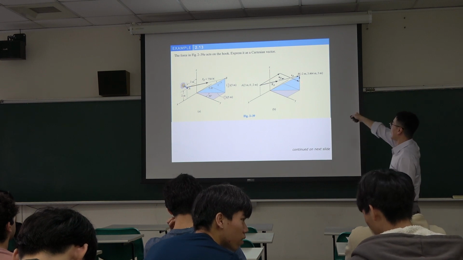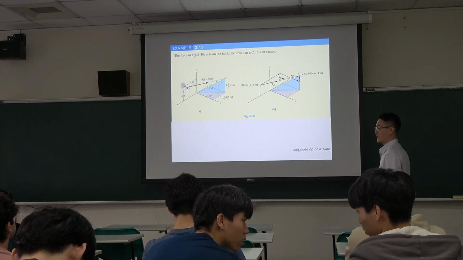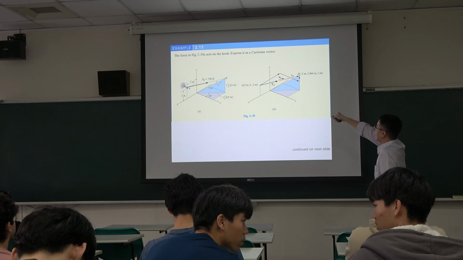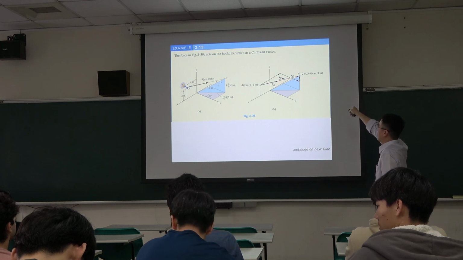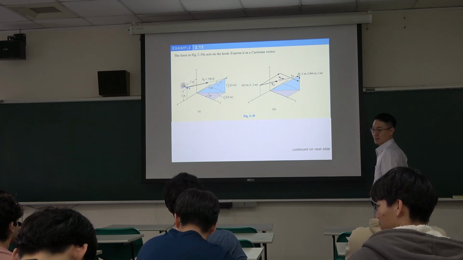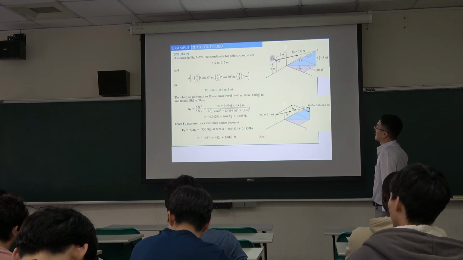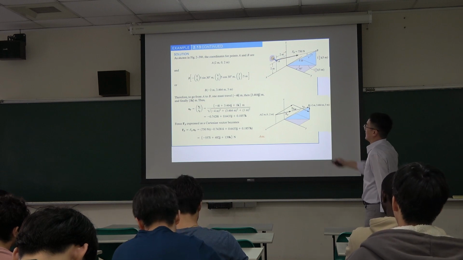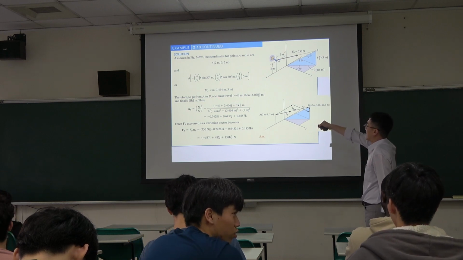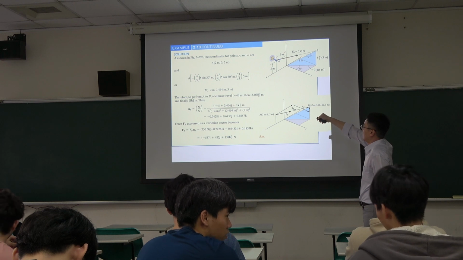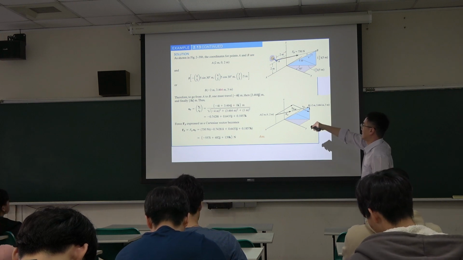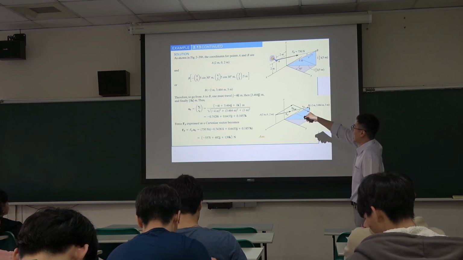Okay, so we know point B coordinate. So for AB we use point B minus point A to work out position vector. Point B is here, point A is here, so this one minus this one.